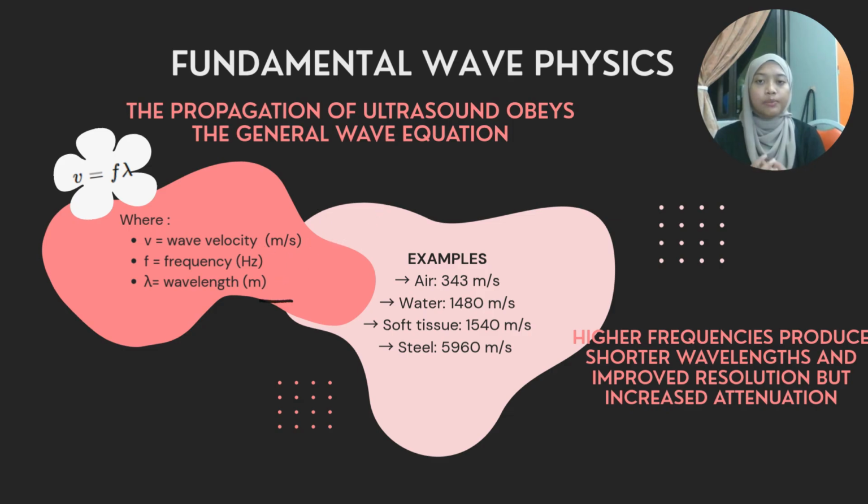Therefore, engineers must balance image resolution and penetration when designing ultrasound systems. Now that we understand the basic wave properties, we can explore how ultrasound waves are generated and detected. We can also use v = fλ to calculate wave velocity.